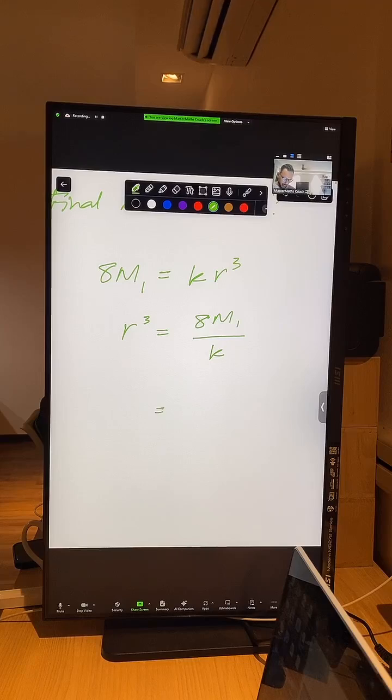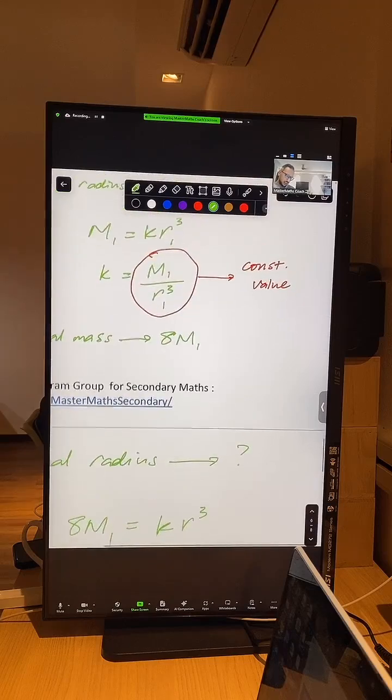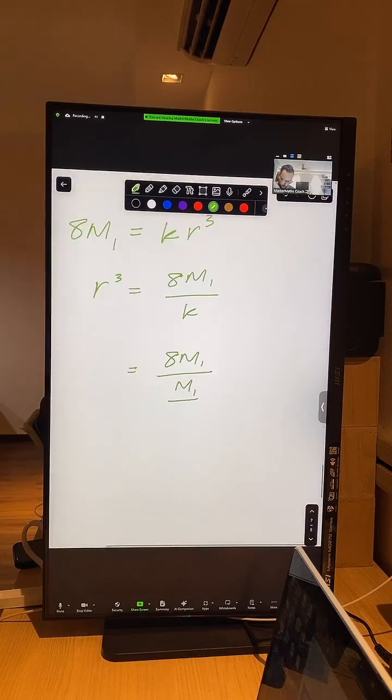So this will be 8M1 over M1 over R1 cube, a fraction within a fraction. R cube equals 8M1 over M1 over R1 cube.